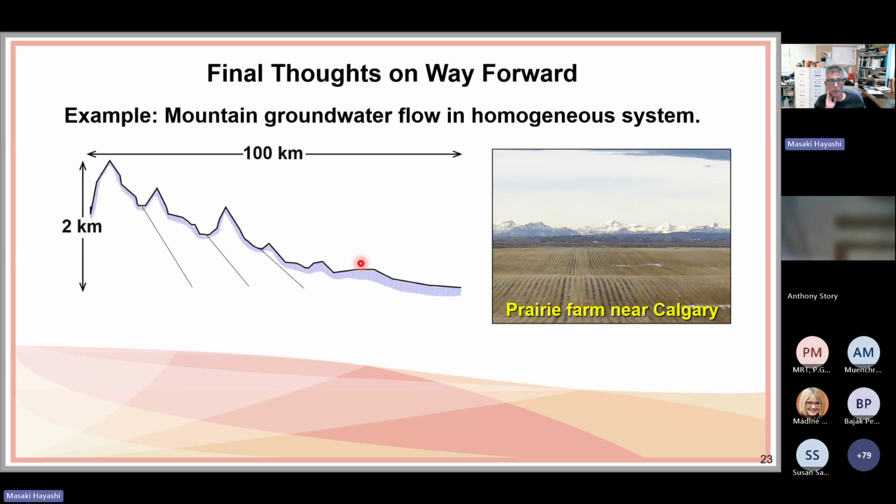So we may have some thrust faults and fractured zones, but these are usually local and limited in their influence. So for example, we have the famous Banff hot springs. That's driven by those thrust faults, but those are unique. So by and large, all interesting things happen in the top few hundred meters.